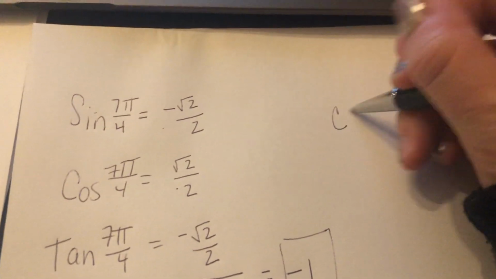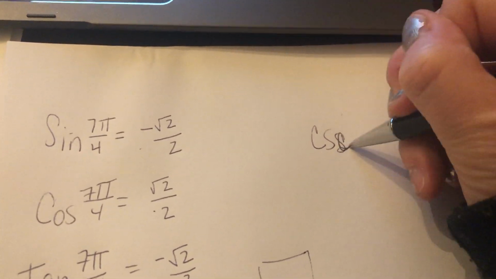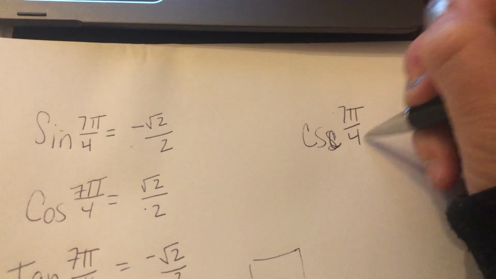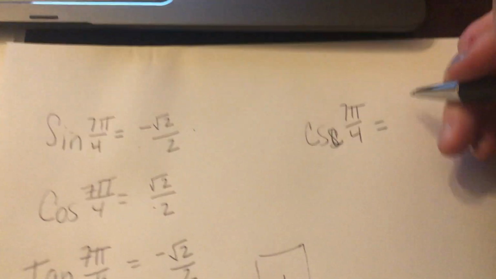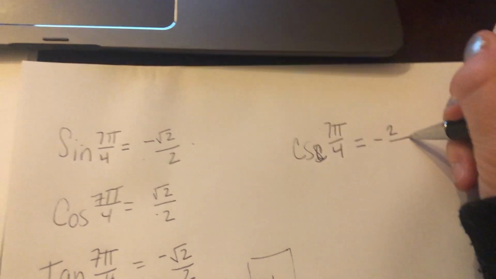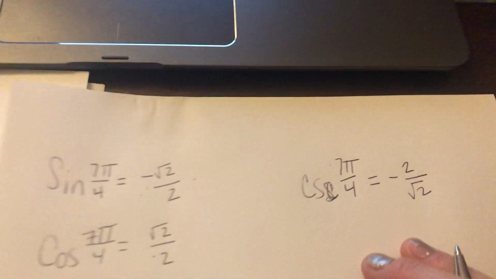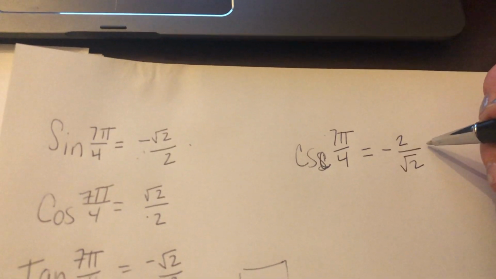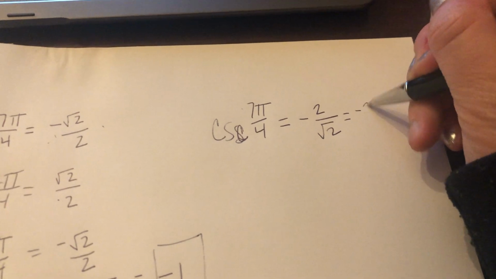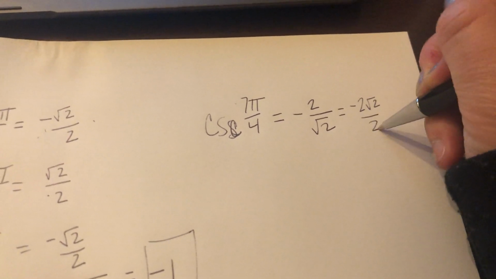Then when you have cosecant, secant, and cotangent, remember, cosecant of 7 pi over 4 is the reciprocal of sine. So you have negative 2 over radical 2, which you have to simplify. That's negative 2 radical 2 over 2.